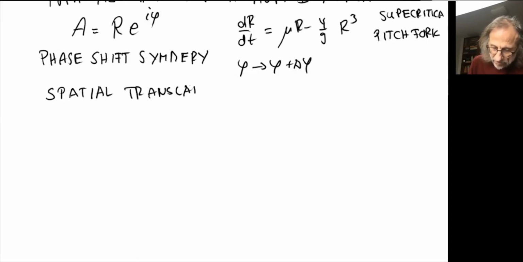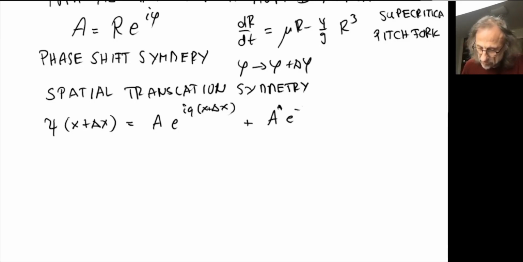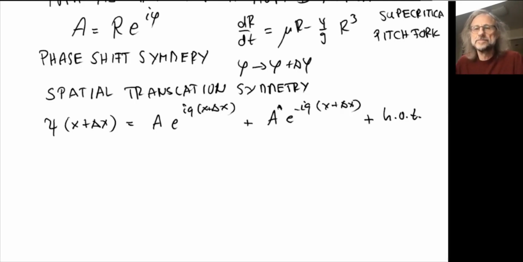So if we look at our psi, psi of x plus delta x, what is that? Well, that's A times e to the i q (x plus delta x) plus A star e to the minus i q (x plus delta x) plus, of course, higher order terms, which I'm not going to write out.